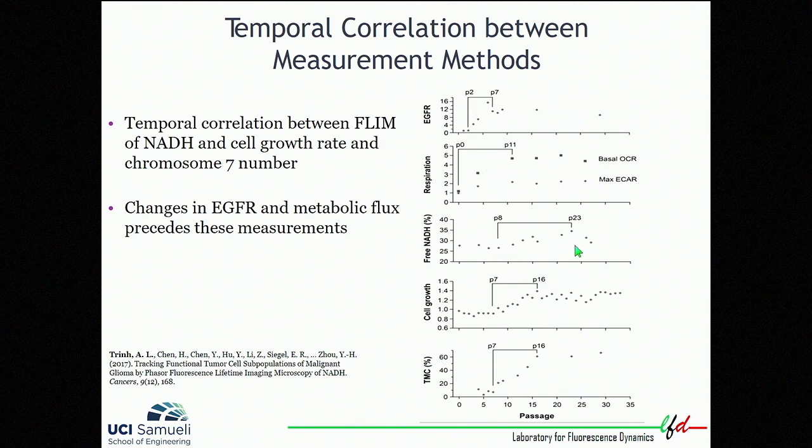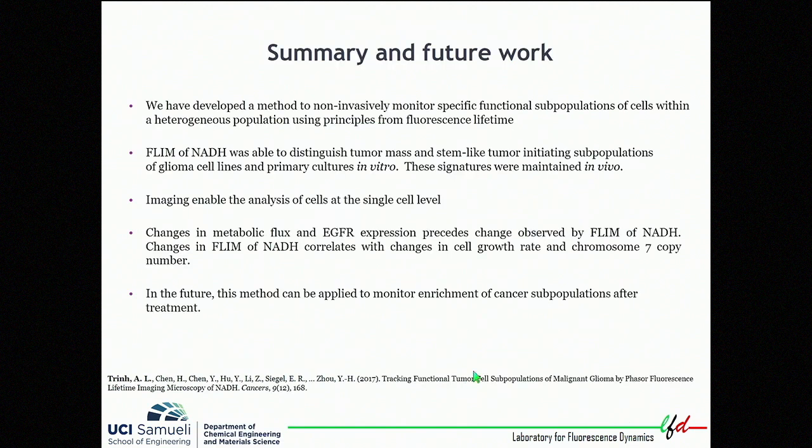And the population of free NADH increased at passage number 8, which correlates with cell growth and correlates with the percent of tumor mass cell populations increasing. So finally, we have developed a method to non-invasively look at the function of subpopulations of cells. We can use this as a predictor to actually calculate the type of cell fate that these cells will become.